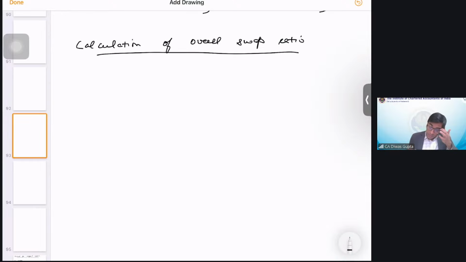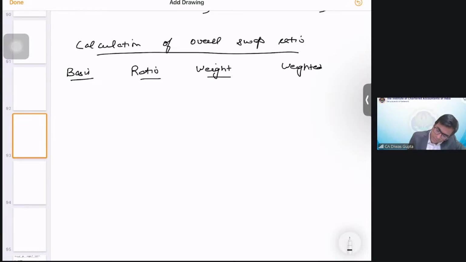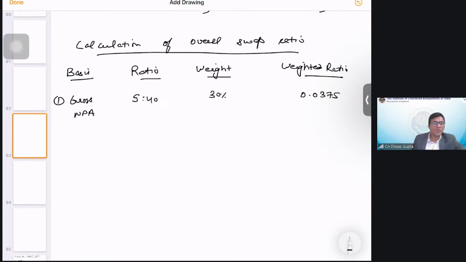So the ratio is what we will put here. We will put the basis here. What is the basis at which the ratio is calculated? Their weights and the weighted ratio, right? The first one, gross NPA 5:40, weight is 30%, 0.0375.